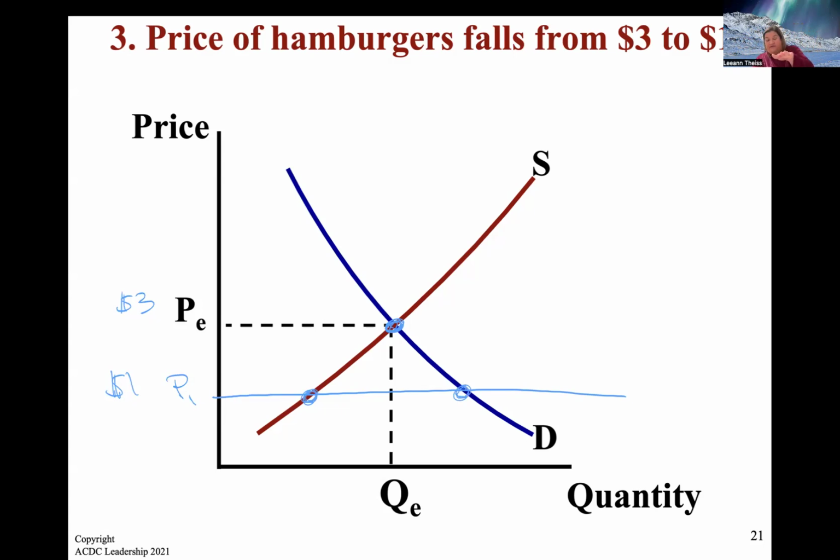Cover up the left side of the graph and only look at the demand curve. At the demand curve, we're going to drop down to here. This is our quantity, and we're going to put a little d because that is the quantity that's being demanded. So the point splits.